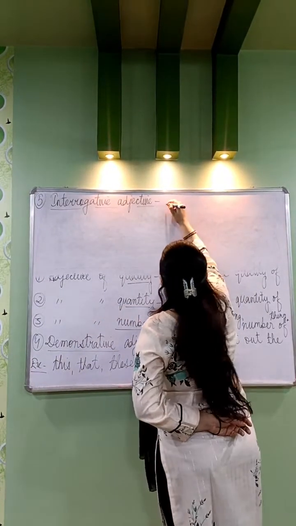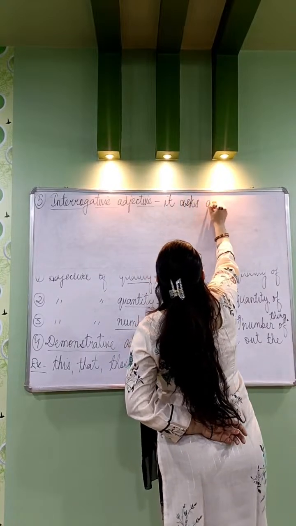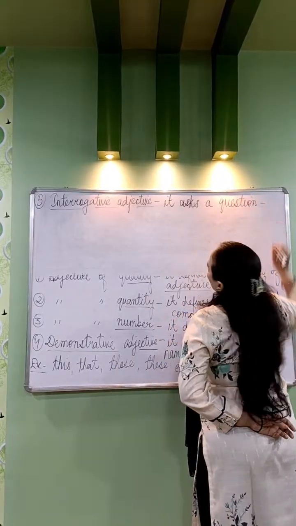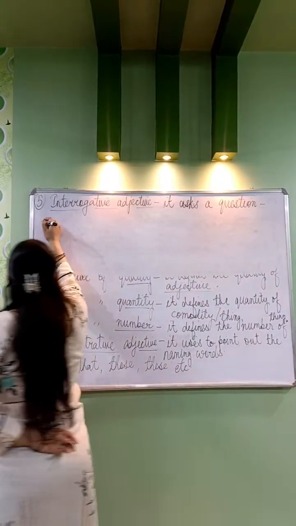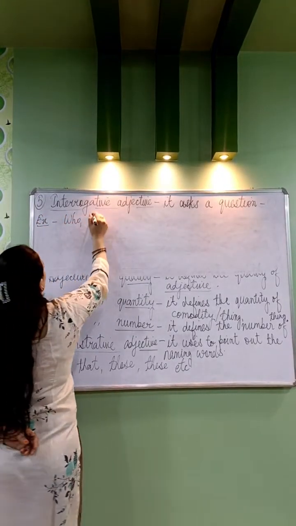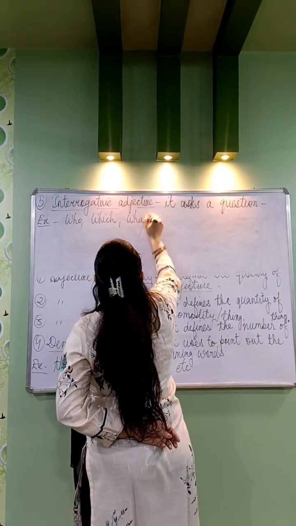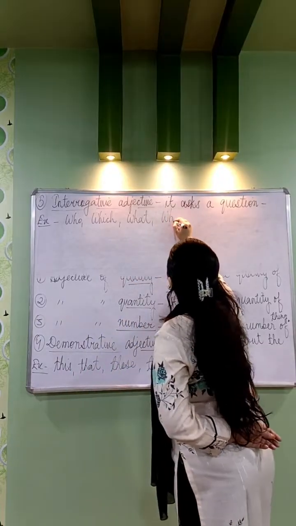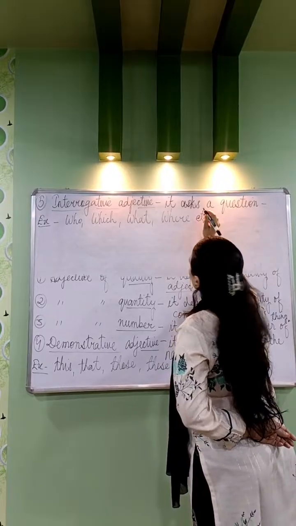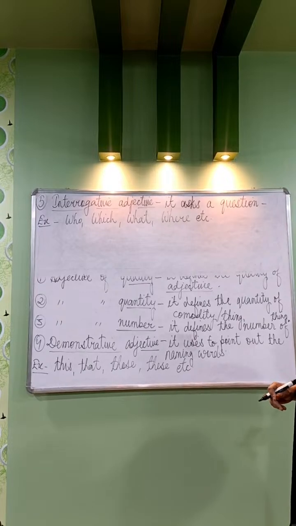We can simply write it asks a question. Examples we can see like who, which, what, where, etc. These are the examples of interrogative adjectives.